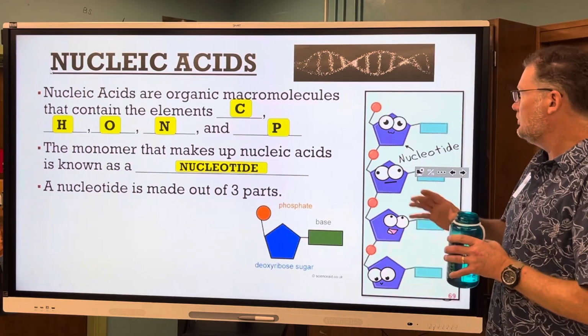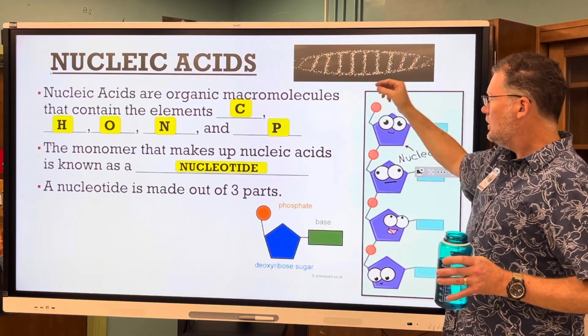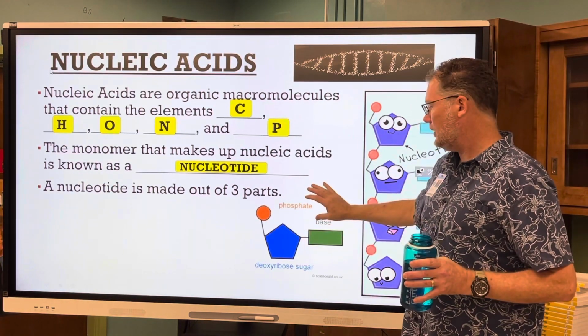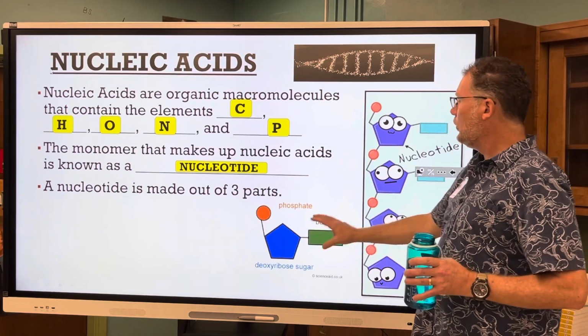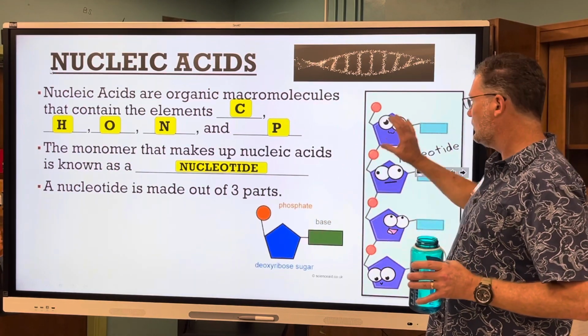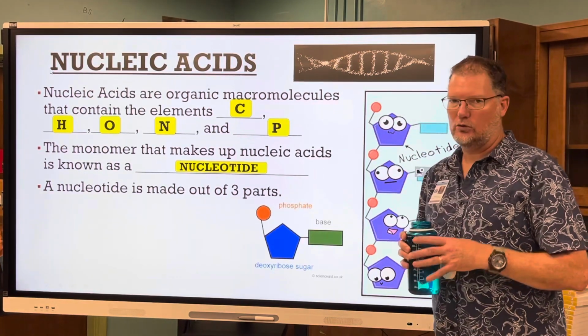And it's a chain, DNA. This is DNA. It's made up of a chain of things called nucleotides. This is a nucleotide, okay? It's got 3 parts. Here's the phosphate part. And then those monomers make the polymer called DNA, okay?